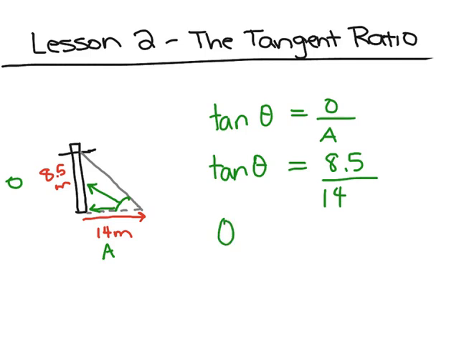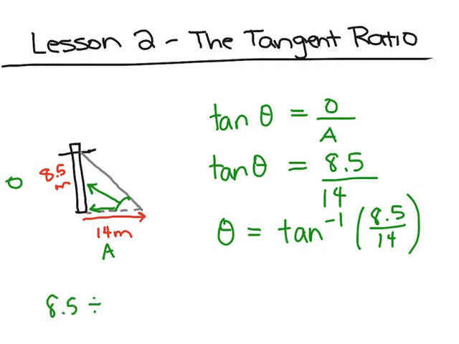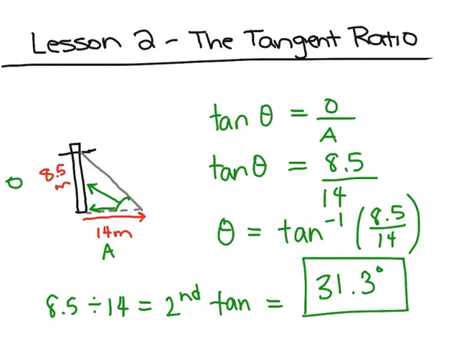Now we move the tangent to the other side, so theta is equal to tan to the negative 1 of 8.5 divided by 14. Type this into your calculator: 8.5 divided by 14 equals, second function tan equals, and you should get 31.3 degrees. So the angle that the wire makes with the ground is 31 degrees.